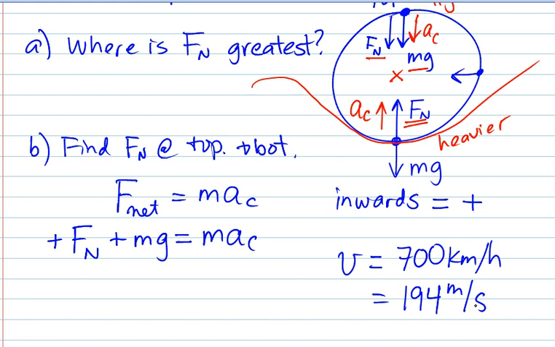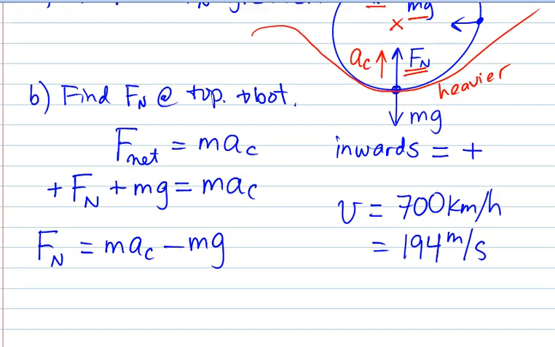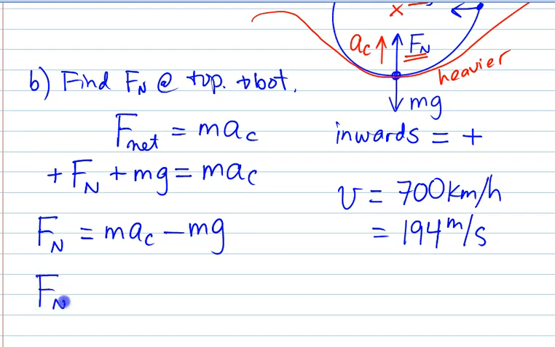Okay. What we can do here is, first of all, bring mg over to the other side. And then let's also use the fact that centripetal acceleration is v squared over r. I think what we're given in this problem is that the radius of this circle is 2,000 meters.